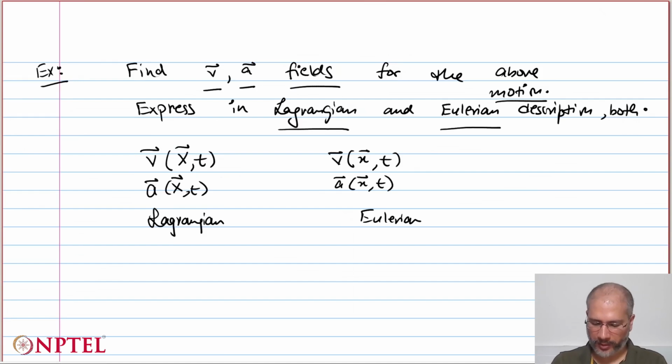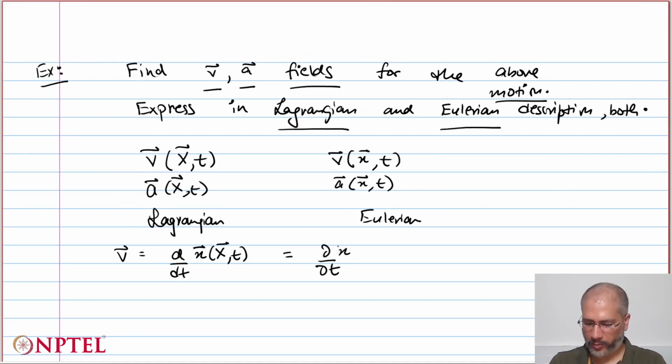Now, how did we define velocity? Velocity was d by dt of the small x vector, which is written as a function of capital X and t. And this we said we can easily write as partial by partial t of the small x vector as a function of capital X and t, for the reason that capital X's are independent of time because they are material coordinates or the coordinates of particles in the reference configuration, and the reference configuration does not change with time.